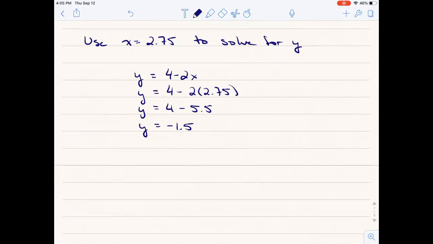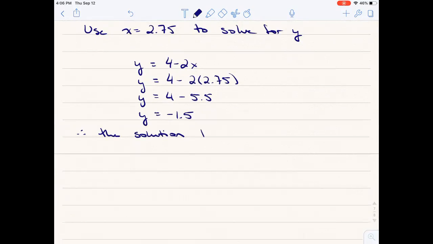So therefore, are you guys okay if I use the therefore dots? 3 dots in a triangle, therefore? Cool. Therefore, the solution to the system is at x equals 2.75 and y equals negative 1.5.